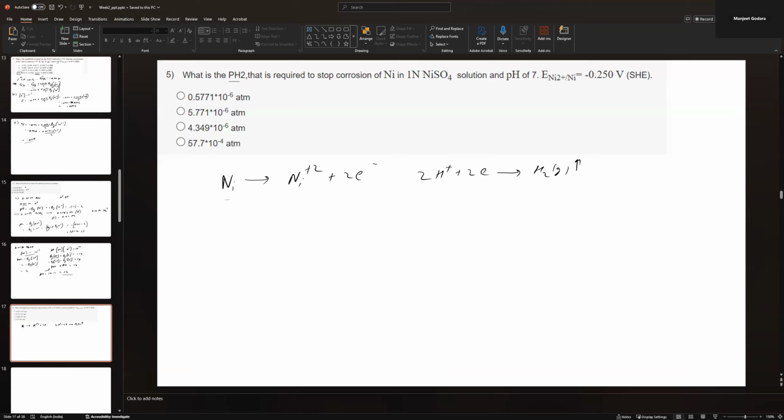For this reaction, you're given the equilibrium potential for the redox reaction. Nickel E naught equals minus 0.25 volts.